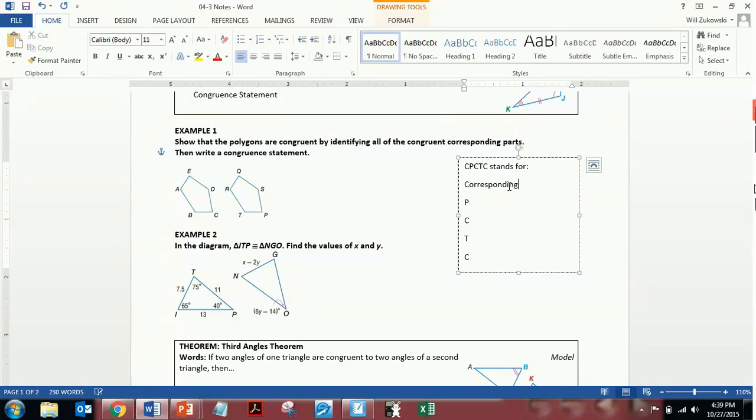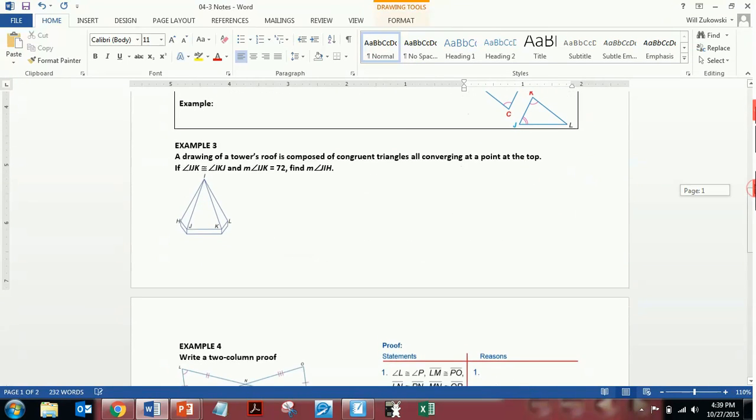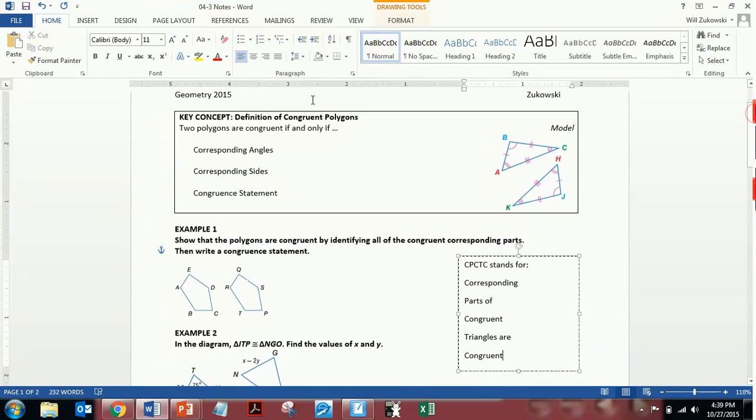Corresponding parts of congruent triangles are congruent. That's basically what you just said up above, what you had written in your notes already.